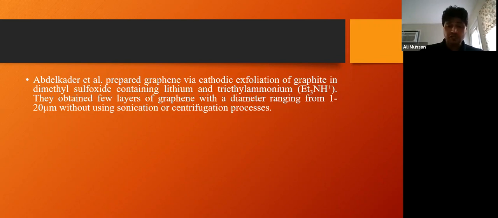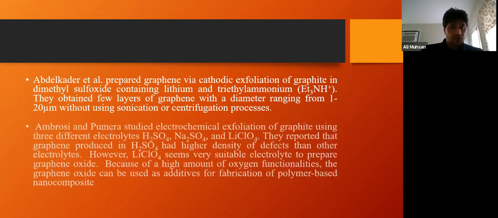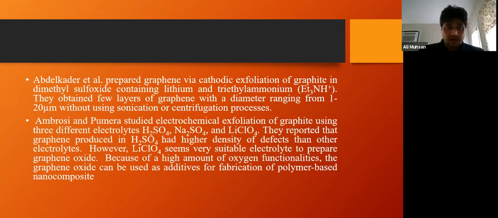Another work done by Ambrosi and Pumera studied electrochemical exfoliation of graphite using 3 different electrolytes: sulfuric acid, sodium sulfate, and lithium perchlorate. They reported that graphene produced in sulfuric acid had higher density of defects than other electrolytes.